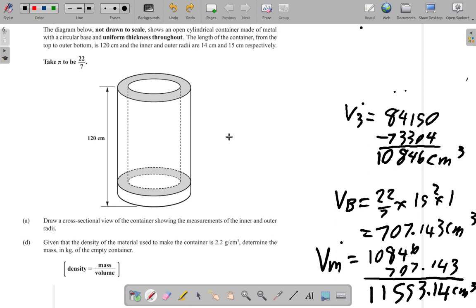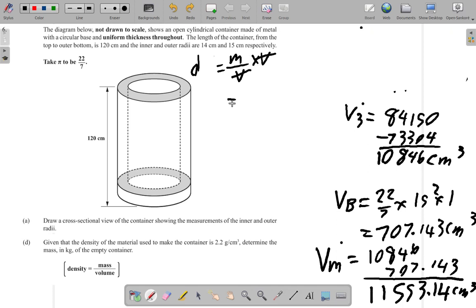Now, if density equals mass divided by volume, and they want mass, you're going to have to transpose this equation. So if density is mass over volume, and I want mass alone, then I must multiply by V to get rid of V here.